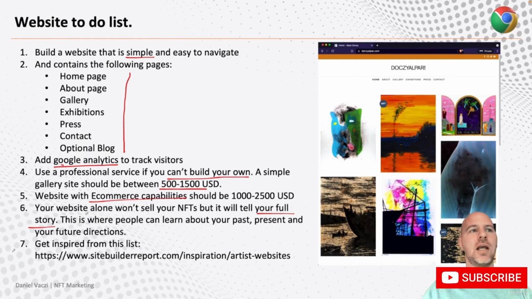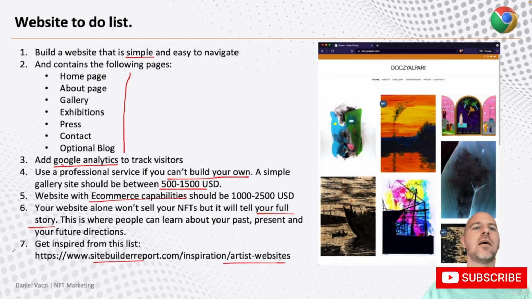Here you can put everything about you, all your portfolio, all your social media links, and more. It doesn't cost a lot to run a website. It takes a few weeks to create, so I highly recommend, if you don't have a website, you go and create one. And you can go and get inspiration from this website.